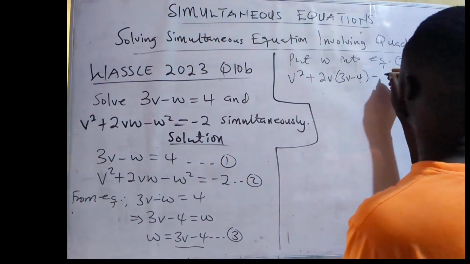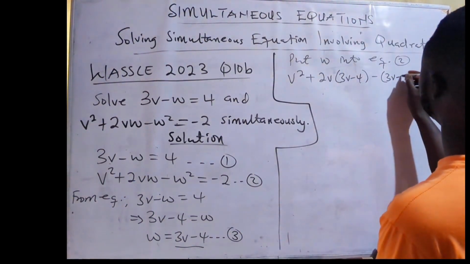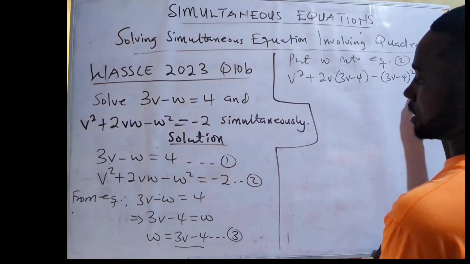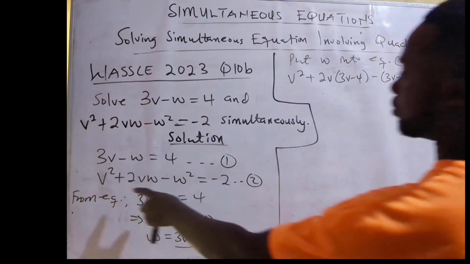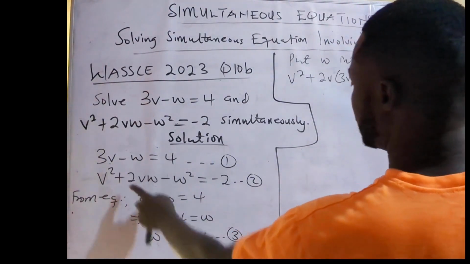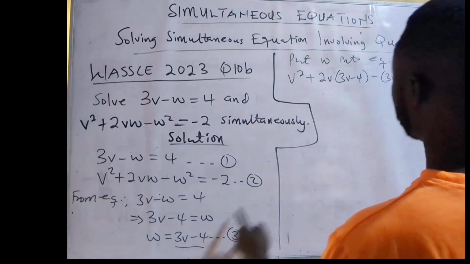Minus w squared. What is the w? 3v minus 4 squared equal to negative 2. So v squared plus 2v times w, which is 3v minus 4, minus the w squared, so 3v minus 4 all squared.